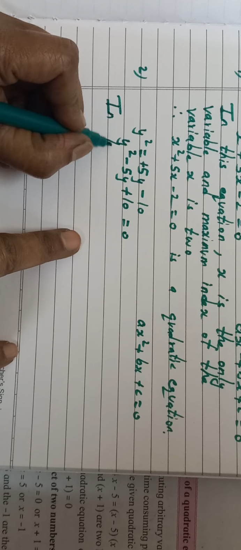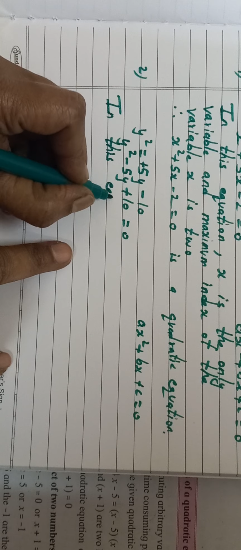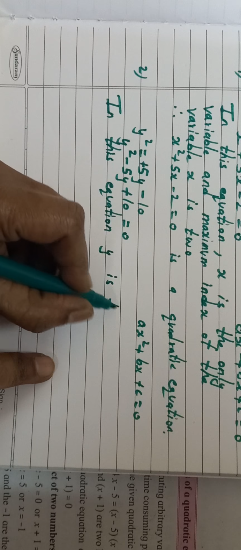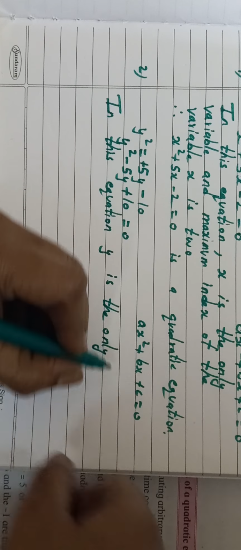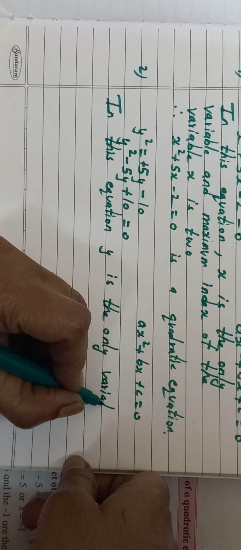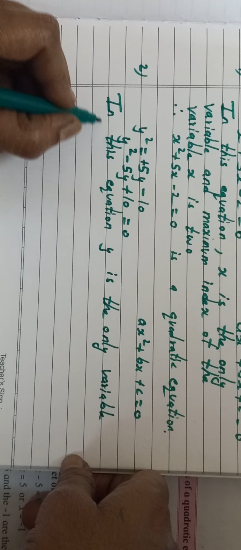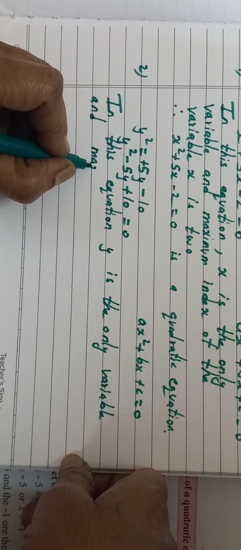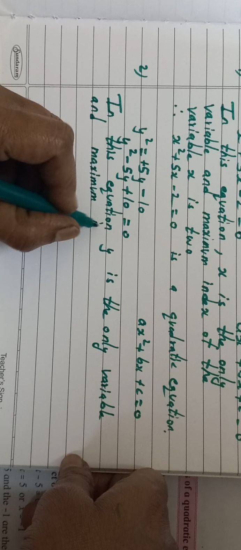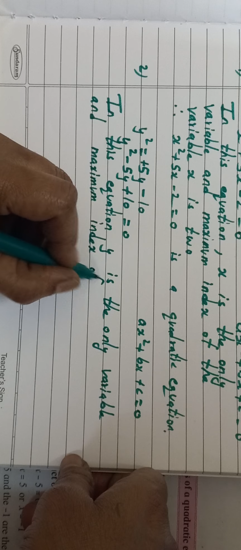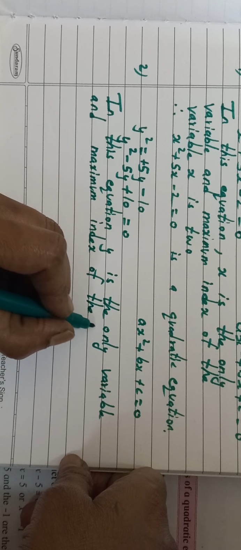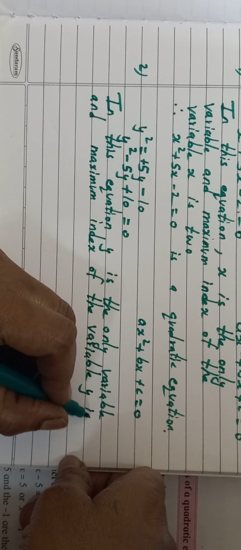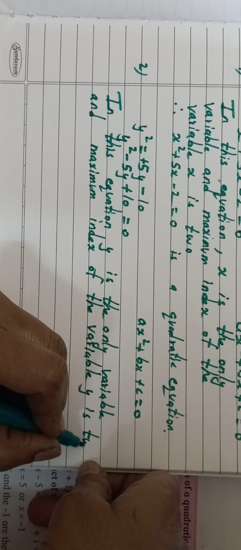The variable is y. In this equation, y is the only variable and the maximum index of the variable y is 2.